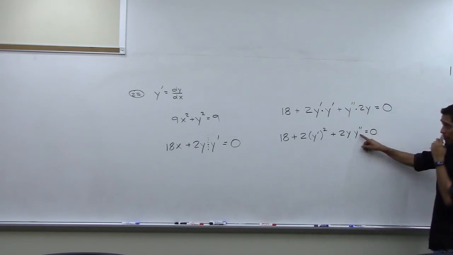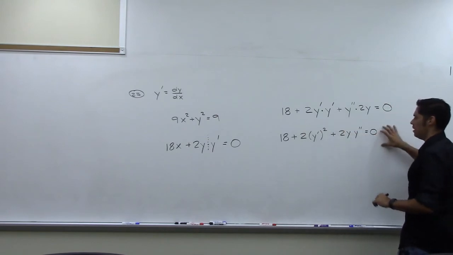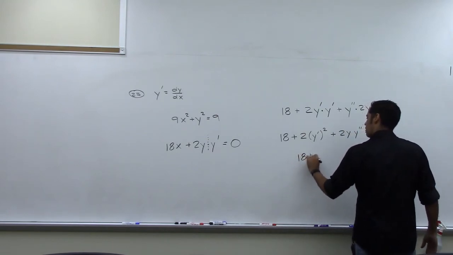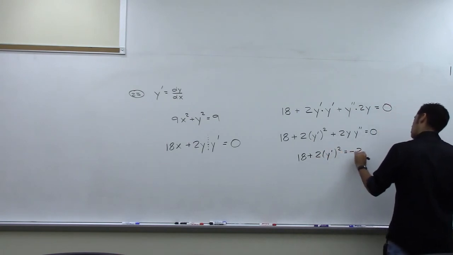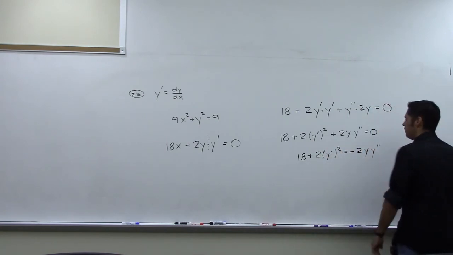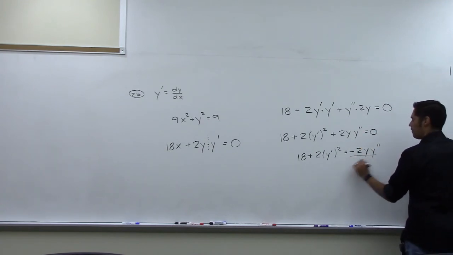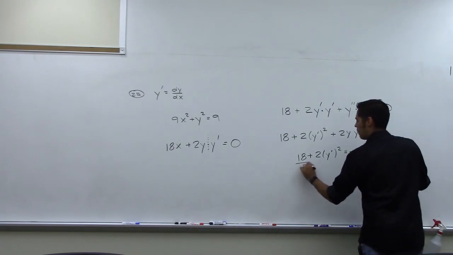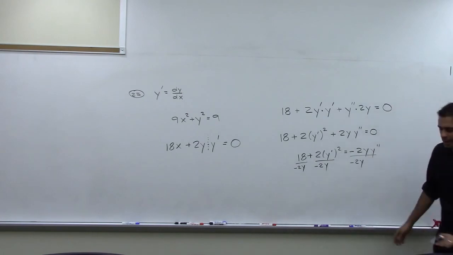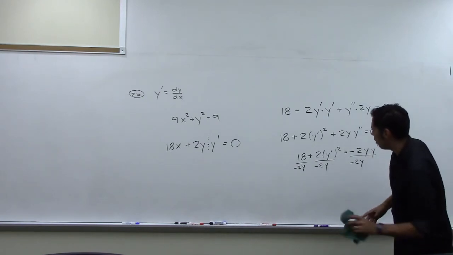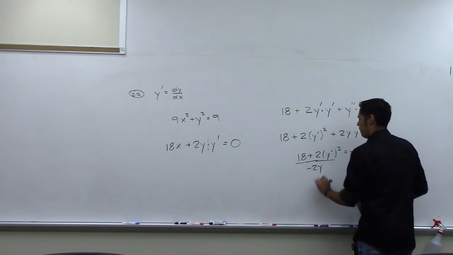I'm trying to solve for y double prime, so let me move that to the other side. 18 plus 2y prime squared equals negative 2y y double prime. So just subtract on both sides. I'm going to divide both sides by negative 2y now. I could do one long bar and just do one down here, negative 2y.